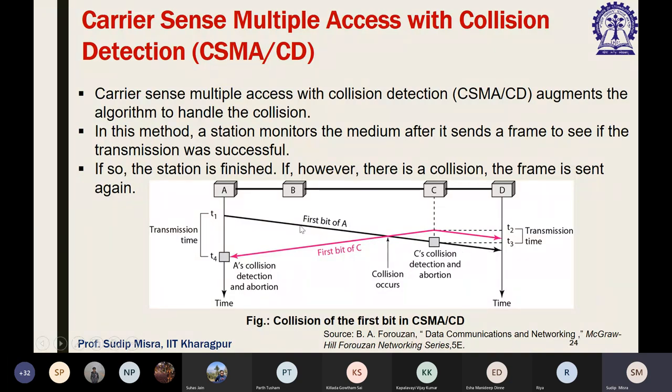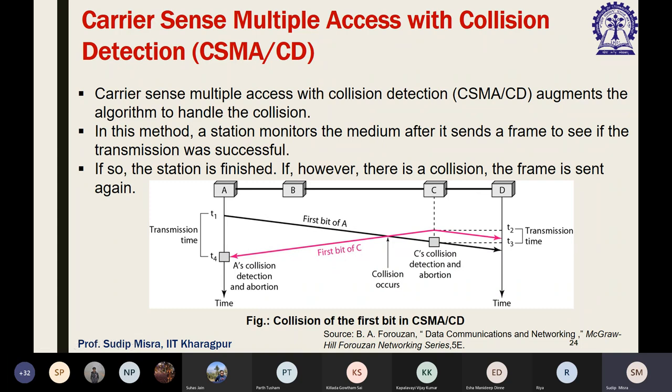This is going to be the TP, the maximum duration of time that it is going to take to go from A to D. Then let us say that just before it arrives at D, there is a collision. That collision signal again has to propagate all the way up to A for A to detect that there was a collision. So TP plus TP is going to be 2TP, and this is the theorem.